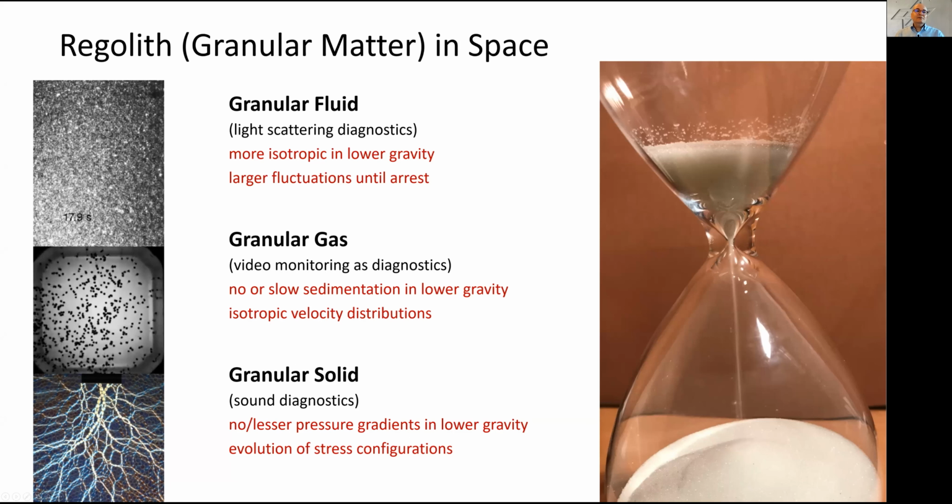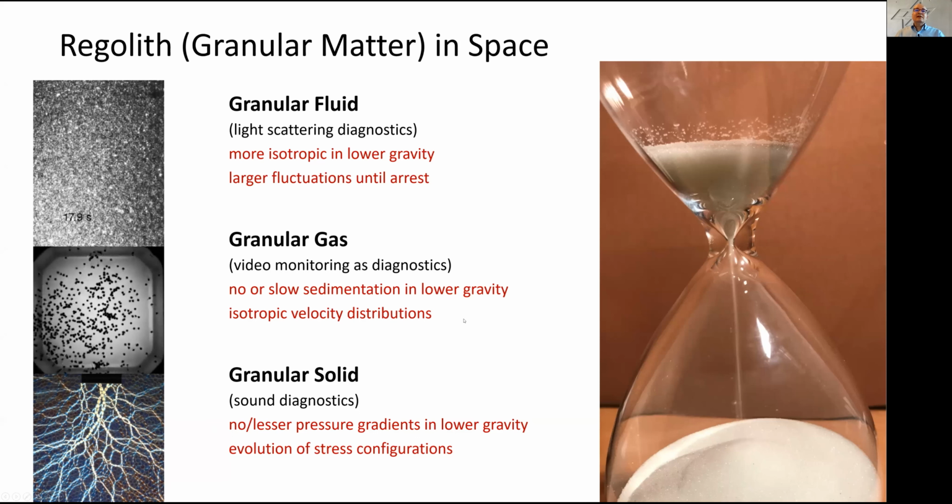And even, I mentioned earlier, the stress birefringence. You see here, if I push on granular soil, the stress distribution is definitely non-trivial. And if you do that in lower gravity, you have lesser gradients, you have an evolution of the configurations, and that all comes into play, I would assume, also in handling things on asteroid body, definitely on lunar and in microgravity.